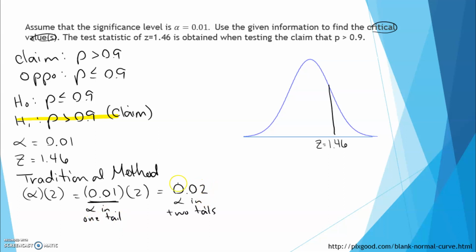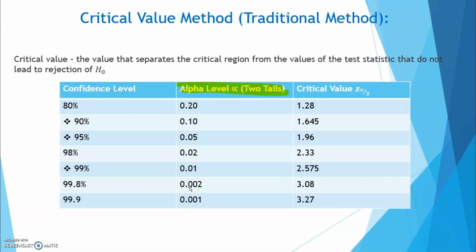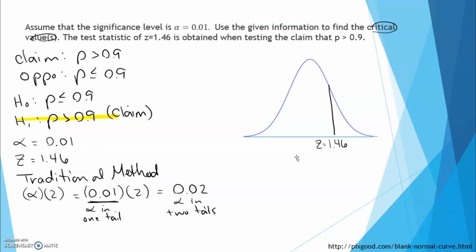Okay, so I need to go back to the chart and find an alpha of 0.02, which is right here. So that's going to give me a critical value of 2.33. Okay, so 2.33, that would be about, we'll say here. And since I'm working with just a one-tailed test, I will have one critical value.